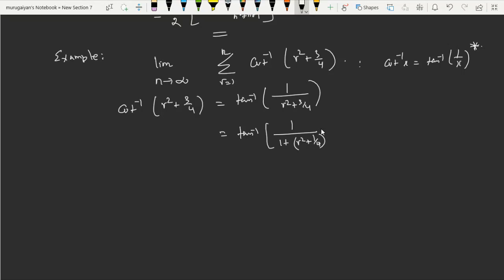Now we can't, because 3 by 4 is less than 1. Some adjustment is required. How to adjust? 3 by 4 in terms of 1 is 1 minus 1 by 4, correct? So 1 plus r square minus 1 by 4, correct?